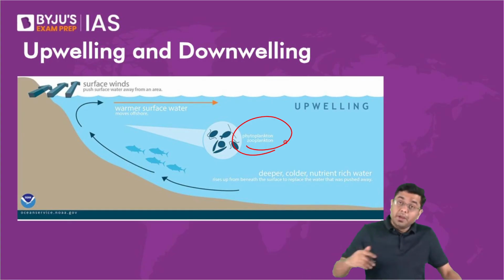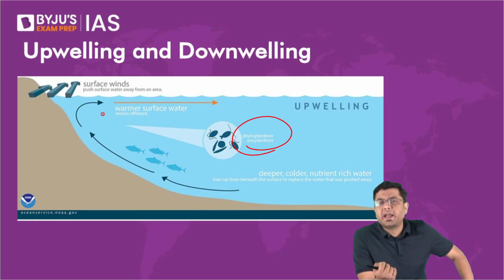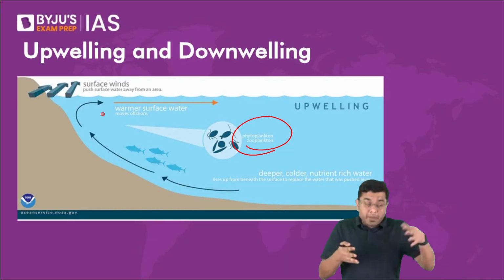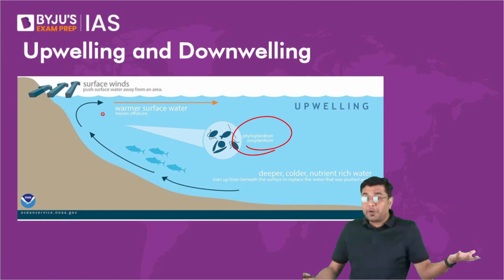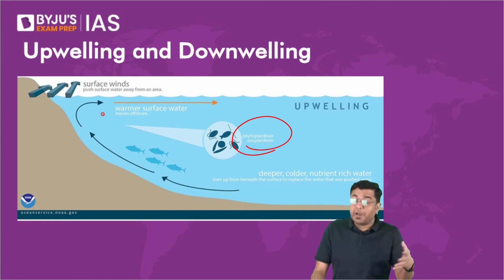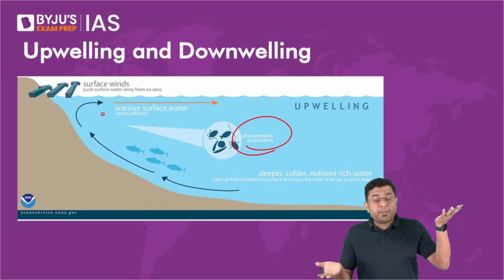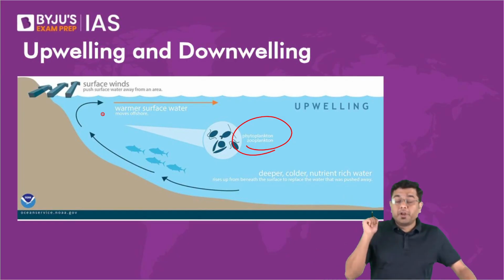Now, when these phytoplanktons come closer to the surface, the zooplankton, slightly larger species, will start consuming them. Their population will increase because as the food increases, the population of zooplankton increases. Phytoplankton is the food; they have the ability to manufacture their own food. So when the phytoplankton population increases, the zooplankton population will also rise.